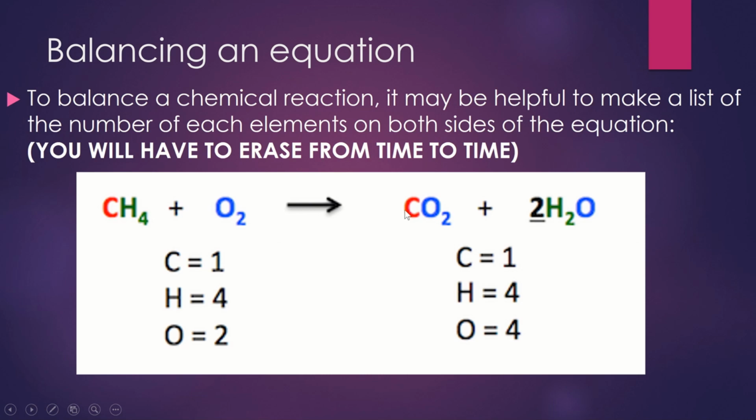On the right-hand side, we have 1 carbon. On the left side, we have 4 hydrogens. On the right-hand side, we now have 4 hydrogens. We have added the coefficient 2. That gives us 2 times 2 H's. On the left side, we have 2 oxygens. On the right side, we have 4 oxygens. 2 from carbon dioxide, and 2, because of this coefficient 2, for water.